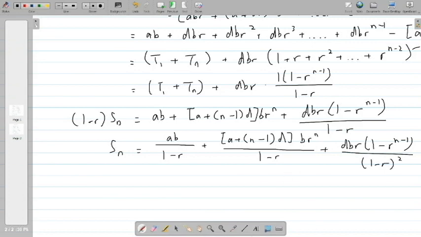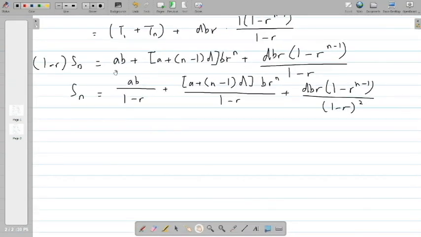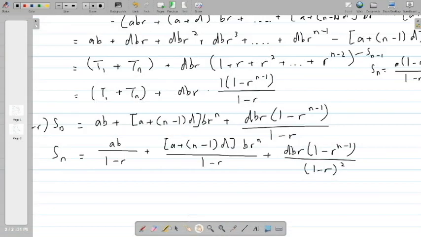So this is the sum of n terms of an arithmetico-geometric progression, which looks absolutely hideous, I know. But this is what you get when you have a very complicated looking progression. Wait, it's not a plus, it's a minus, sorry. All of these are minuses, oops. So it's t1 minus tn, I forgot to subtract.